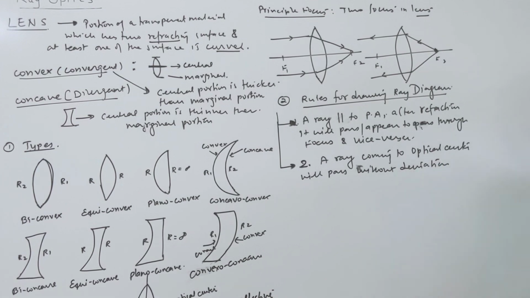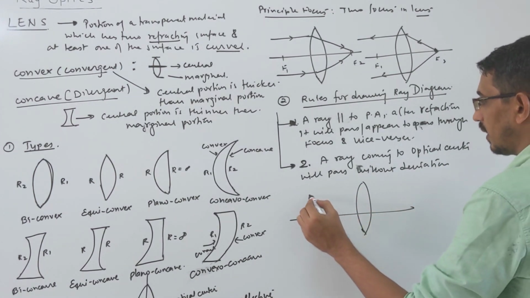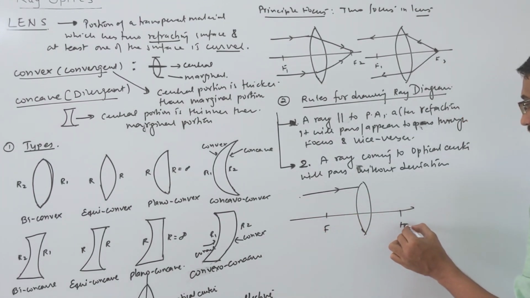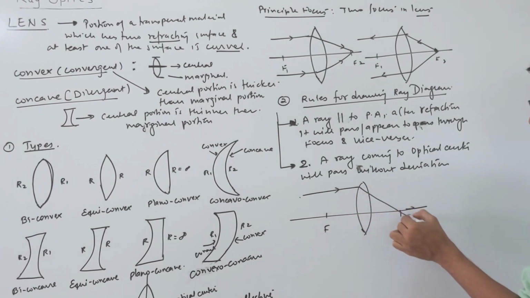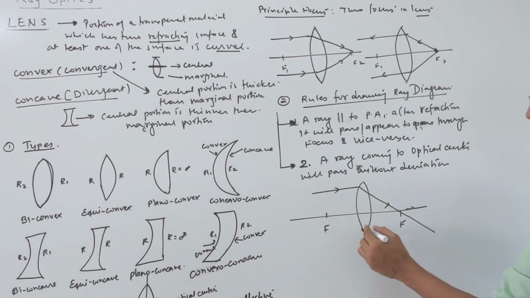It will not deviate. Suppose this is your lens, and I say a ray coming parallel to this lens. This is your focus. After refraction, it will pass through here. Or a ray which is coming to the optical center.